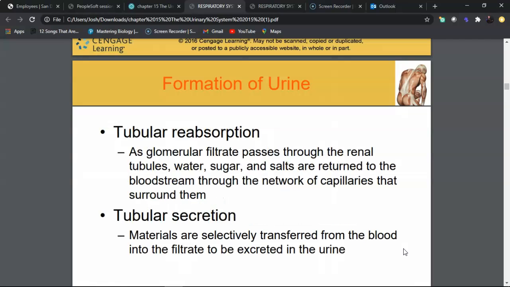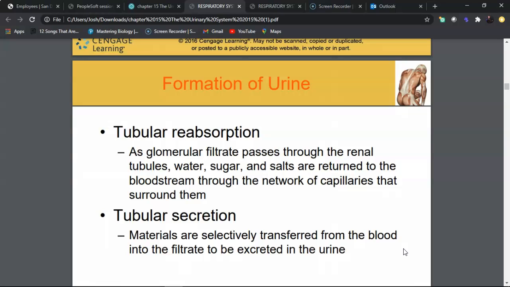Then after the filtration process, where some of those ions, water and even sugar sift through the glomerulus, the next step is reabsorption. A lot of things in that first part of the tubular system are reabsorbed. The primary one is sugar. Generally, if our sugar level is normal, 65 to 100, then all of the sugar will be reabsorbed in the first part of the proximal tubule.